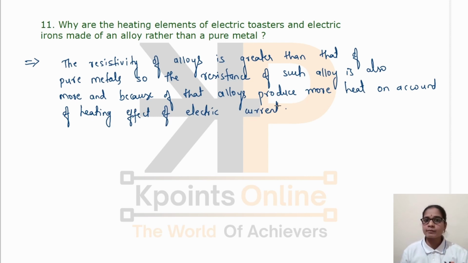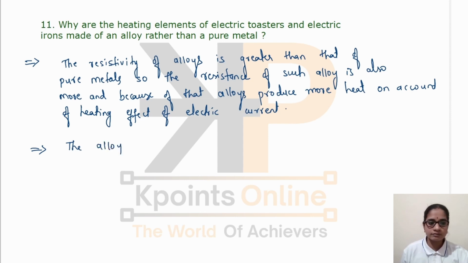As we desire more amount of heat in these electrical devices, we will use alloys in the place of pure metals. And one more reason is, these alloys do not oxidize easily. So these alloys are used in the heating elements. They can withstand even high temperature without getting oxidized.